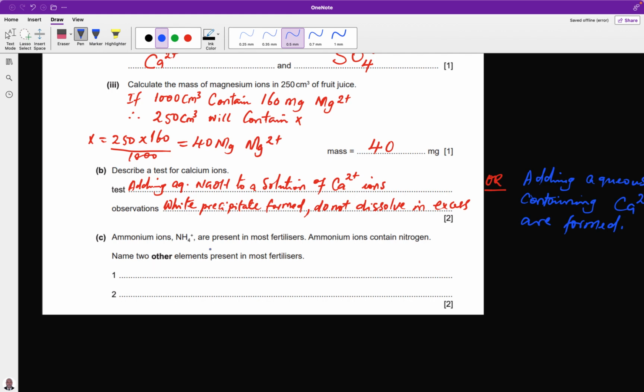So if nitrogen is already here, the other two elements involved in NPK are phosphorus, P, and potassium, which is K.